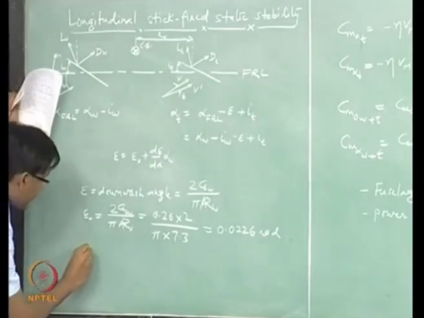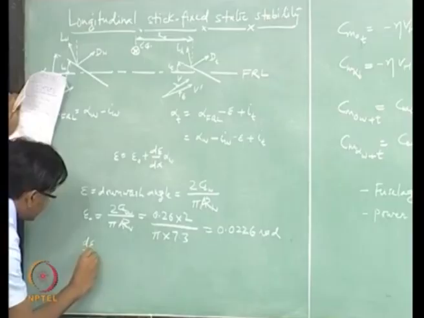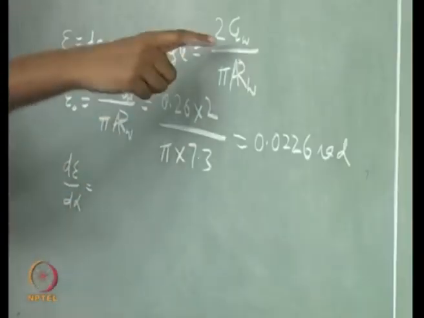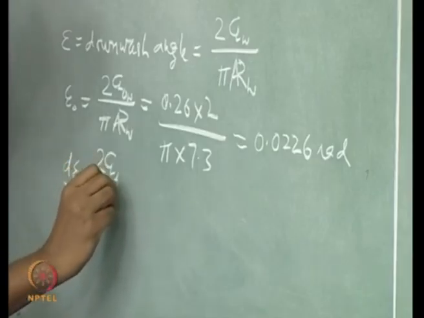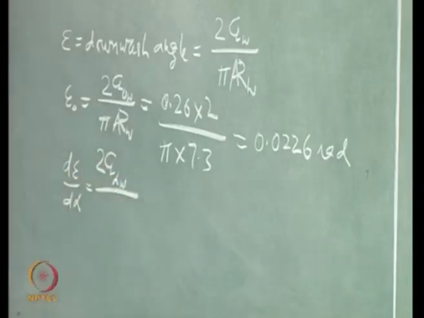Okay. d epsilon over d alpha is nothing but the derivative of this with respect to alpha. So 2 C_L, right, because the downwash is mainly because of the wing, that is why we have this W here.